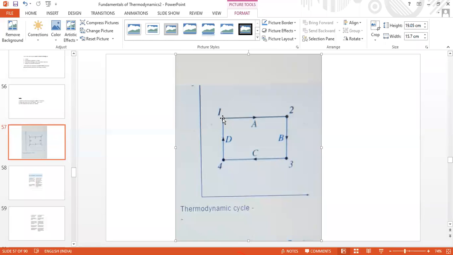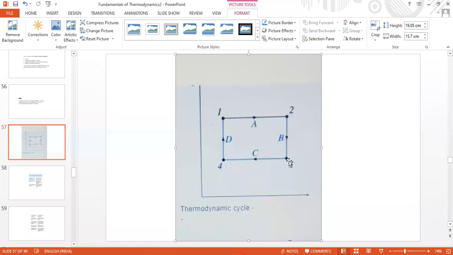Not like, for example, under 1 to 2, if we extend point 1 and point 2 onto the volume axis, the area subtended would be this much. There will be a certain area, a rectangle again, say 1, 2, 2 dash, 1 dash. This much area is the integral PdV value on 1 to 2.